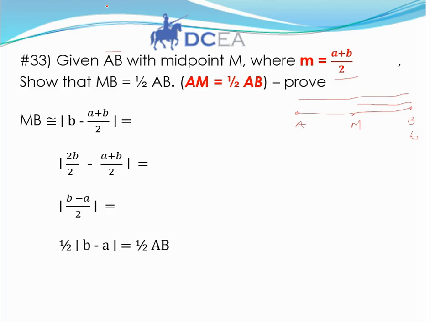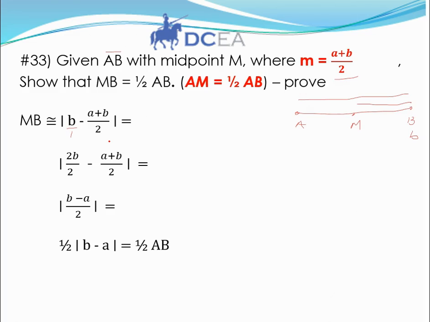Now if you look at this, these are two fractions. But we cannot subtract these fractions from each other because they have different denominators. So we have to set both of the denominators the same.